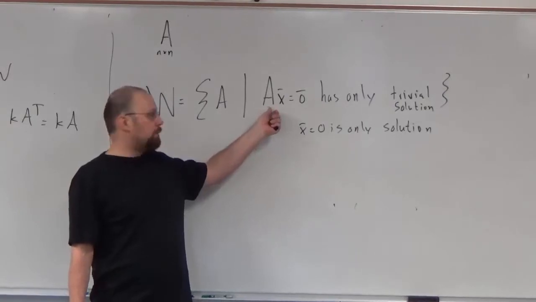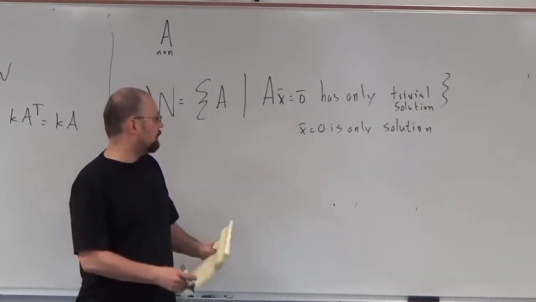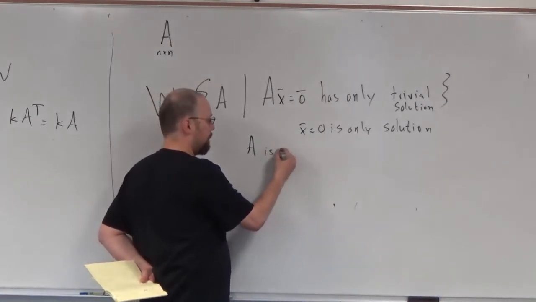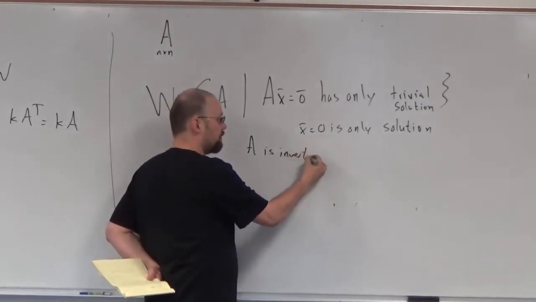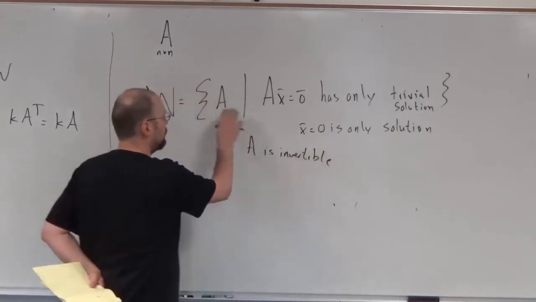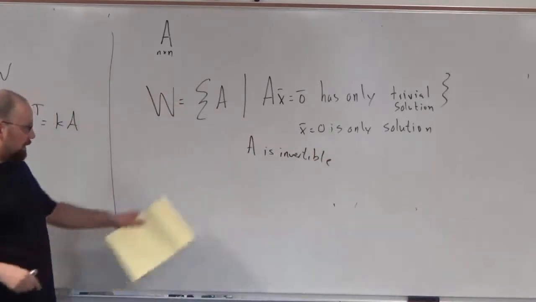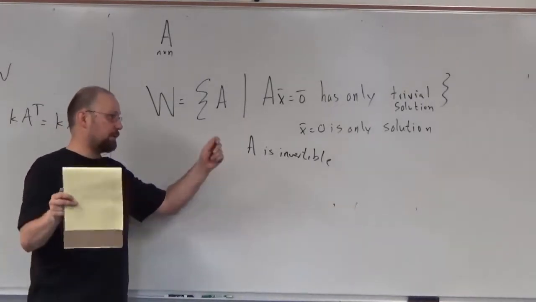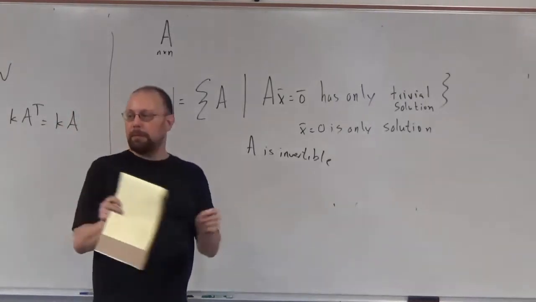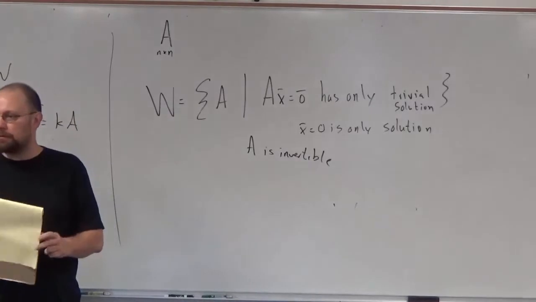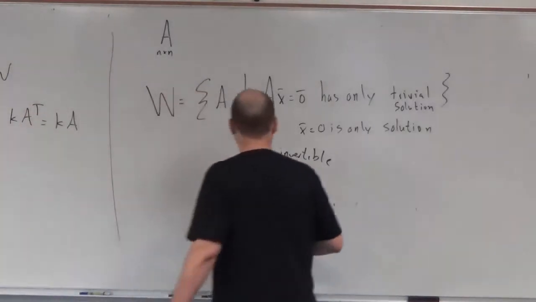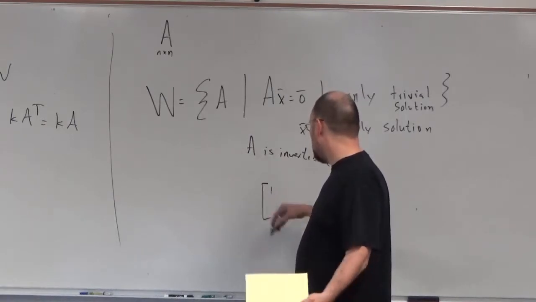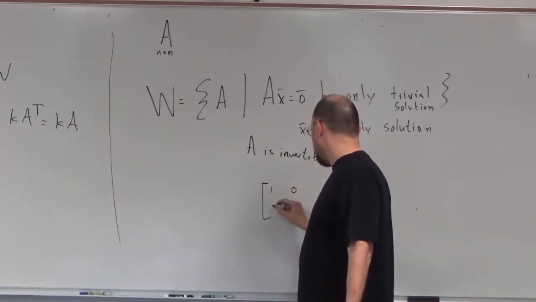If the only solution to the homogeneous equation is 0, this means that A is invertible. So the question of whether adding two such matrices gives you another such matrix reduces to the question of whether, if you add two invertible matrices, you necessarily get an invertible matrix. So can you think of a counterexample? Well, there you go. This is an invertible matrix.